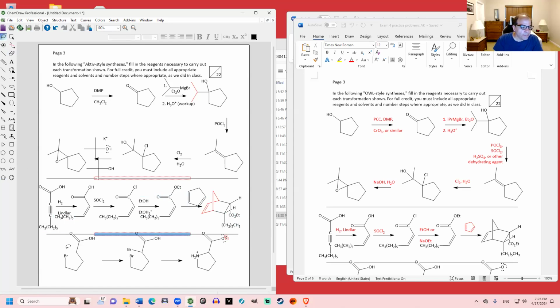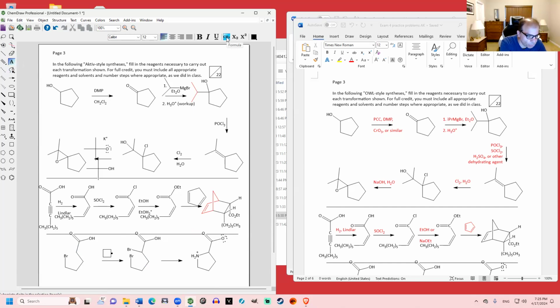And then finally, we're starting with this carboxylic acid, and we're changing from a hydrogen at this carbon to a bromine at this carbon. We just covered that. That would have been in chapter 22. Oh, wait a minute.